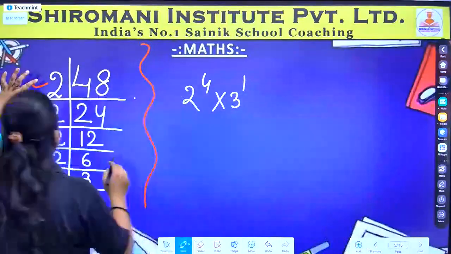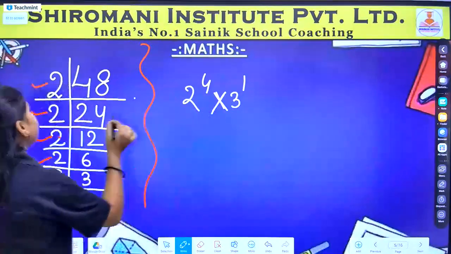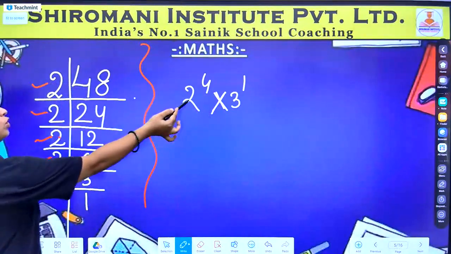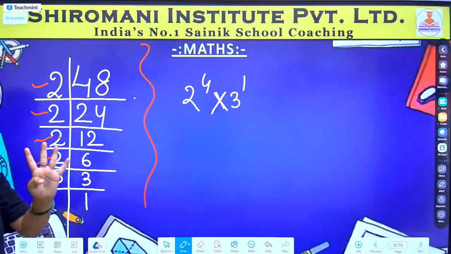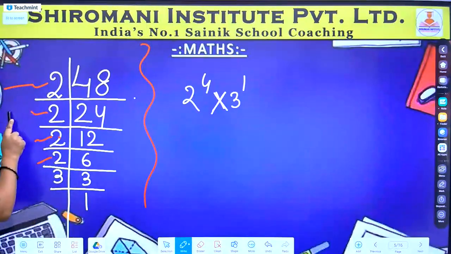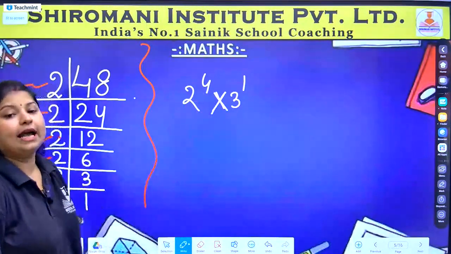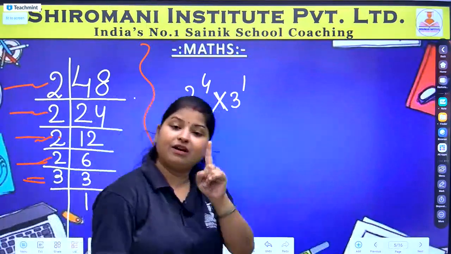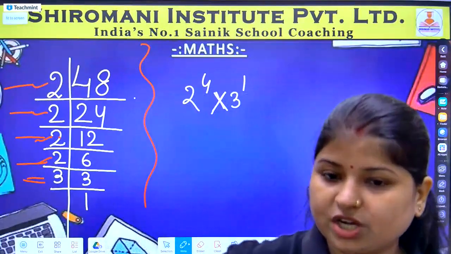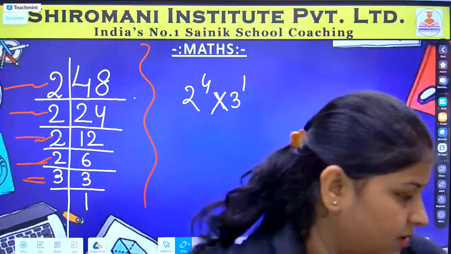This is multiply, beta, this is not plus. And 2 to the power 4, because on the right side you can see that 2 is 4 times. 1, 2, 3, 4 times. That is why 2 to the power 4. And 3 is only 1 time. That is why 3 to the power 1. Okay, Harshika?